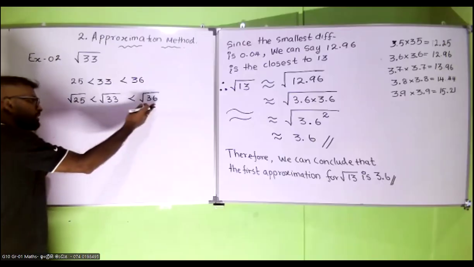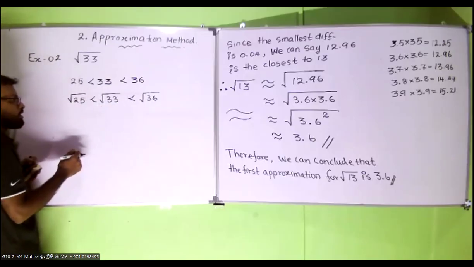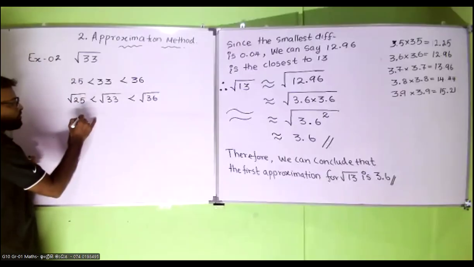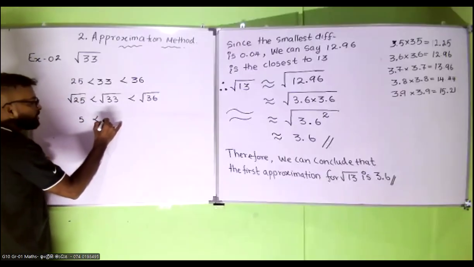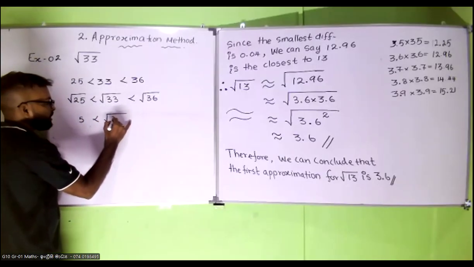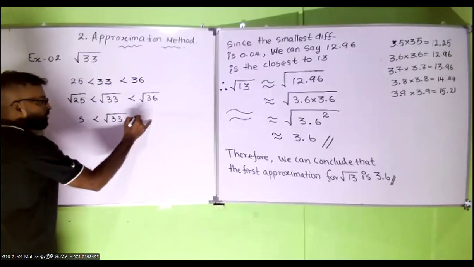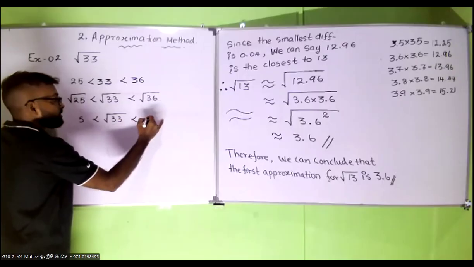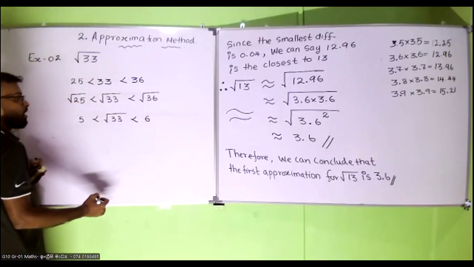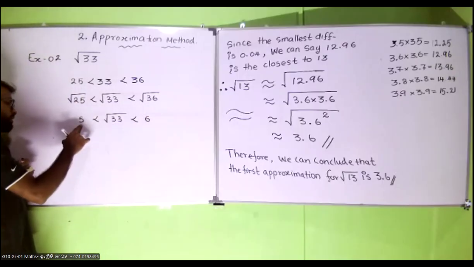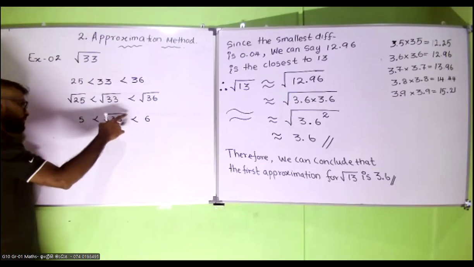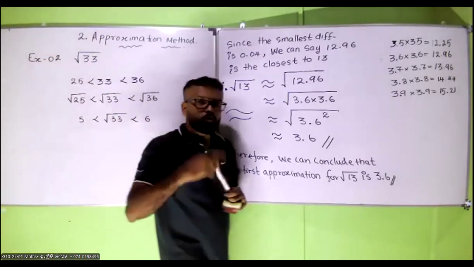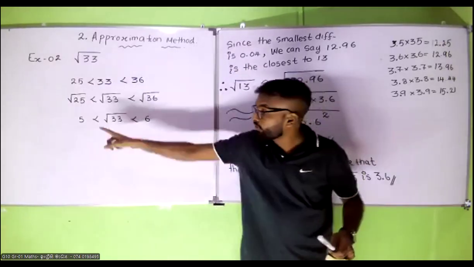After taking this, you know, square root of 25 is 5, which is less than square root of 33, which is less than square root of 36, which is 6. So you can conclude that the square root of 33 is in between 5 and 6.